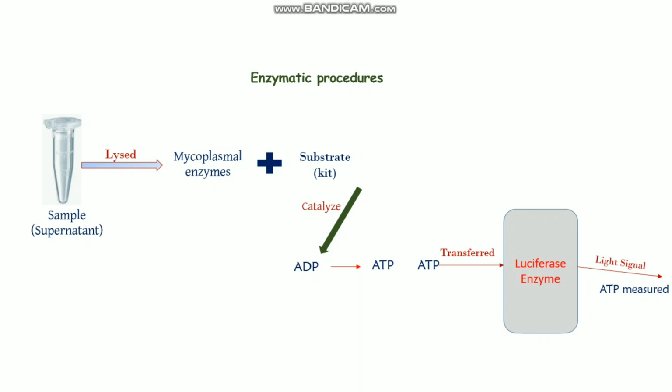This ATP can be measured before addition of the substrate and after addition of the substrate. Alright, and then this ATP measurement shows the presence or absence of the mycoplasmal enzymes. So it means that mycoplasma is present or not.